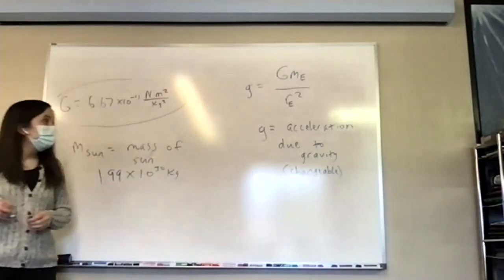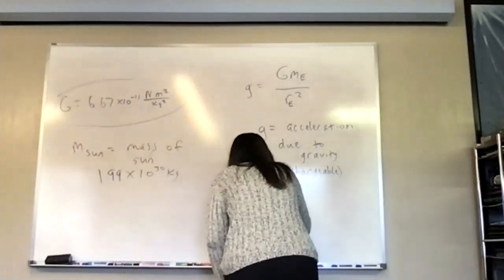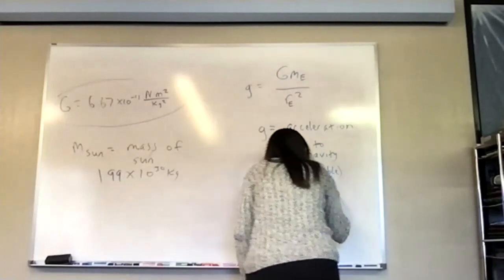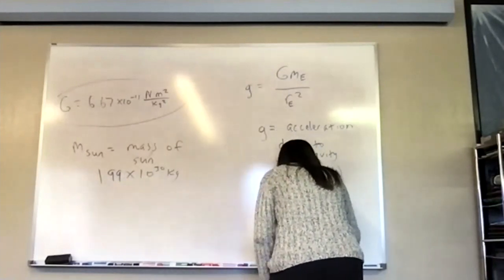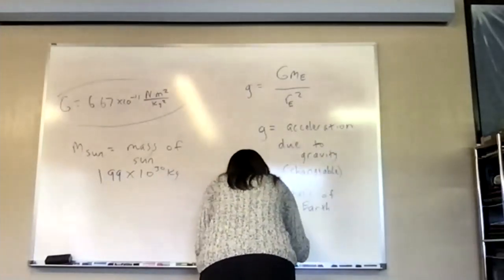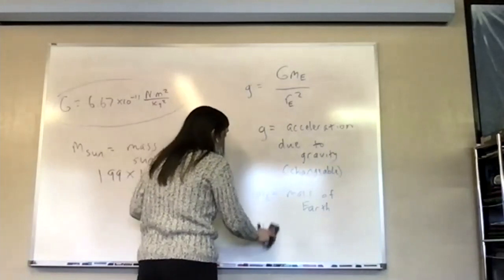Exactly, yes. ME is the mass of Earth. And then RE is how far away you are from Earth's core.